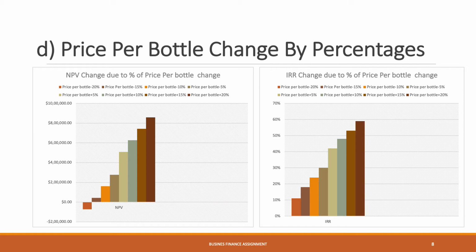Here, if we decrease the price by 20%, the NPV is negative, and if we then increase the price of the bottle, the NPV rises at a huge, rapid rate. That is pretty interesting, and still the NPV is positive for most of the values, so we can go with the project. The scenario is the same with the IRR. Here also the IRR is lower for the 20% decrease, and if we increase the value, the IRR increases at a continuous rate.